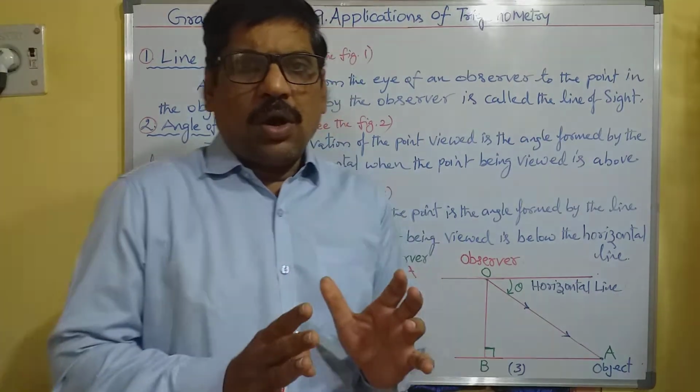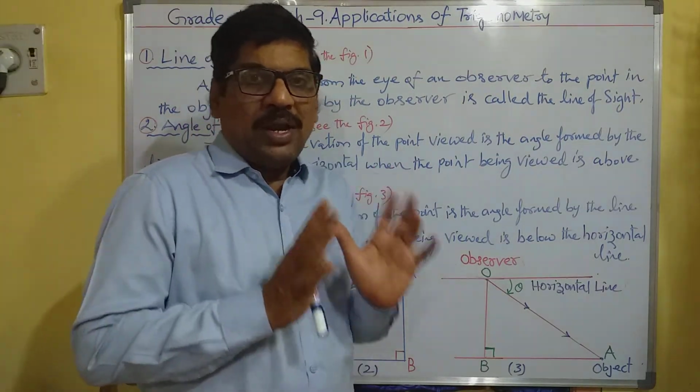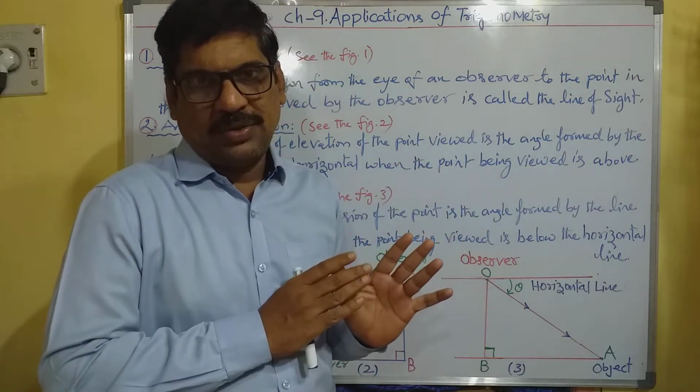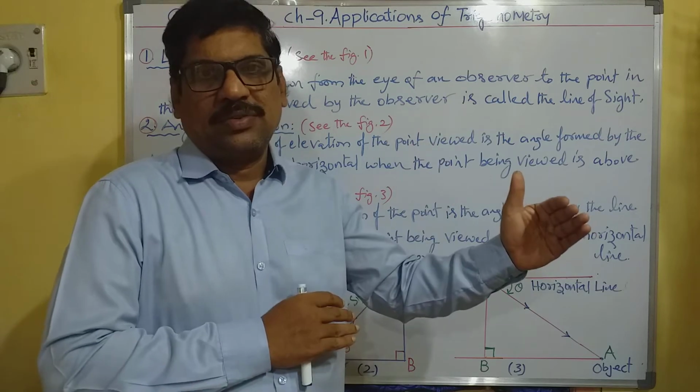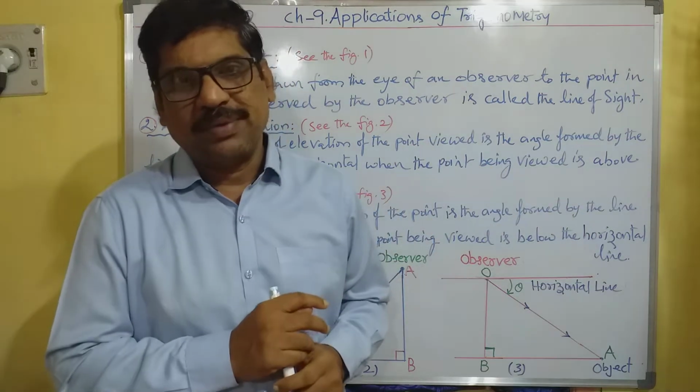Let us recall what we have discussed in the previous class. So we learned how to find the height of an object which is at a distance by using applications of trigonometry.